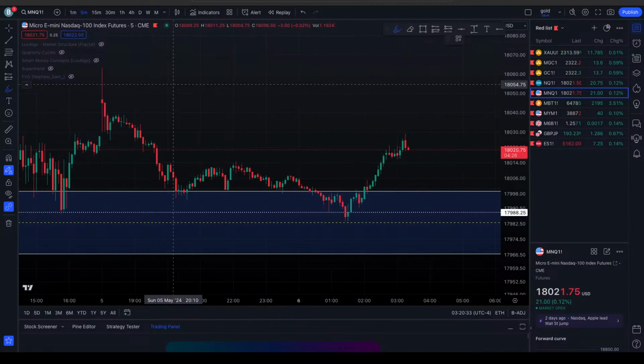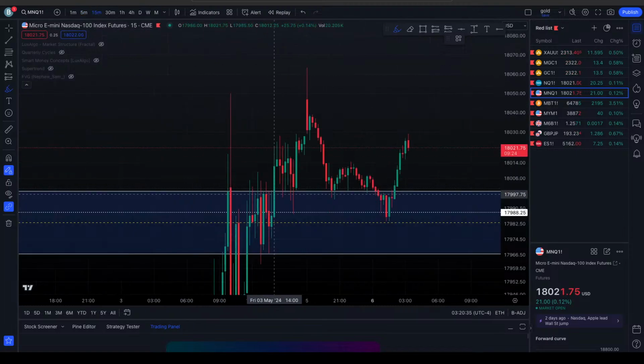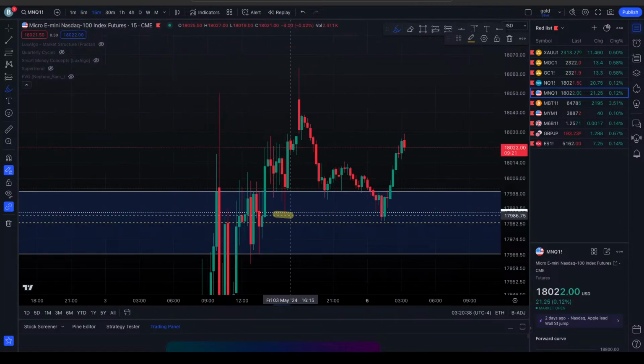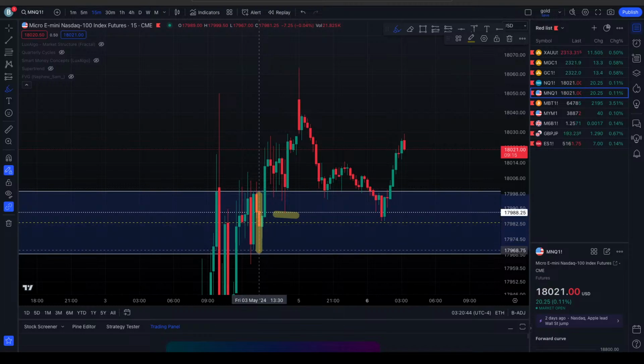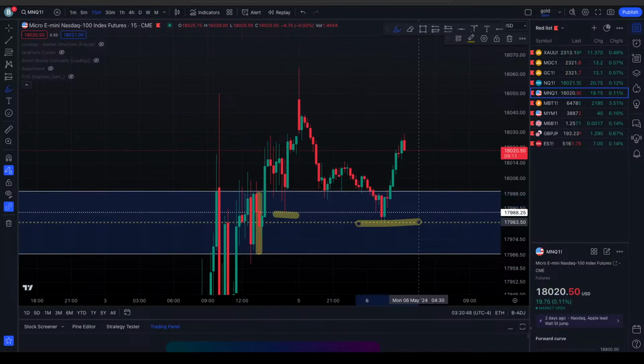Kind of how I came up with this idea is, you can see there's a previous low right here. There is also this box right here. That's what this blue box is, and you can see this 50 line in the middle.